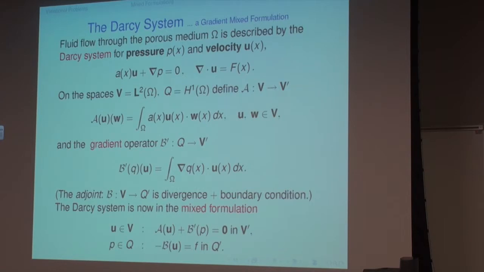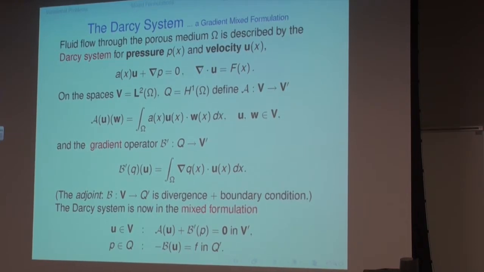If a is equal to 1, that's Laplace's equation, and we're off to solving a Dirichlet problem, or Neumann, Poisson's equation for some boundary value problem. This is written choosing B to be the divergence.